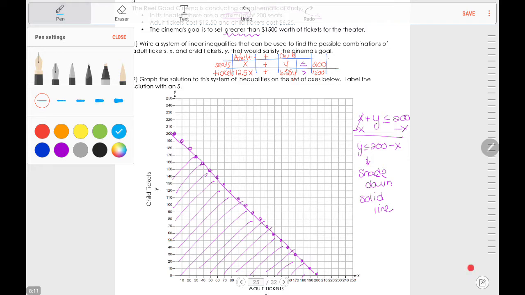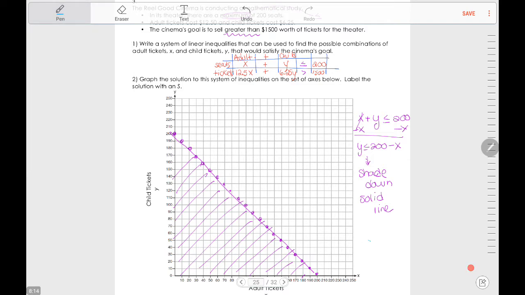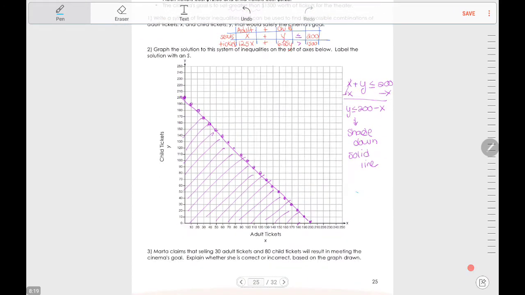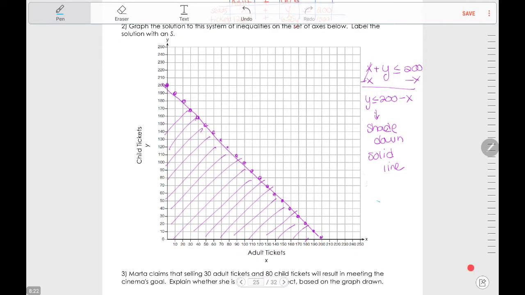The other line, I'm going to switch colors. It's 12.5x plus 6.25y greater than 1,500. Subtract this on both sides. So we get 6.25y greater than 1,500 minus 12.5x, divided by 6.25.